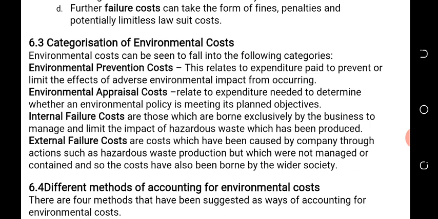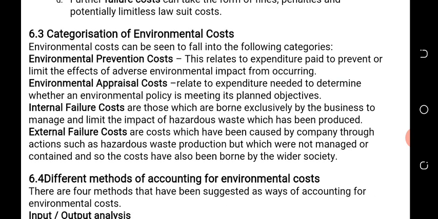This relates to expenditure paid to prevent or limit the effects of adverse environmental impact from occurring. So what are those things that will prevent you? Environmental prevention costs. You have to identify those costs, like the cost of employing environmental experts. So these experts will help you to prevent environmental costs.